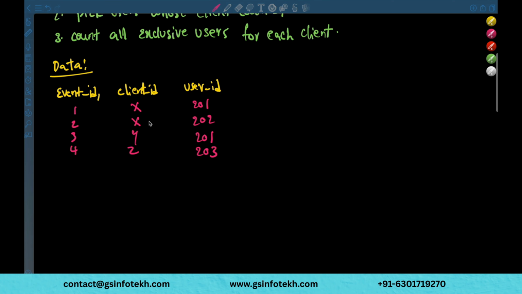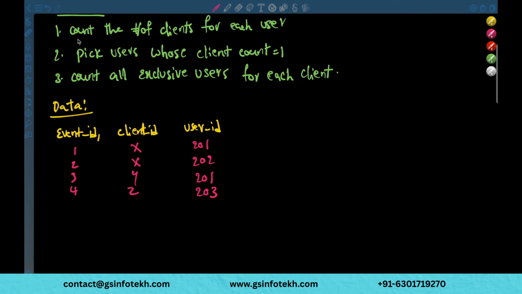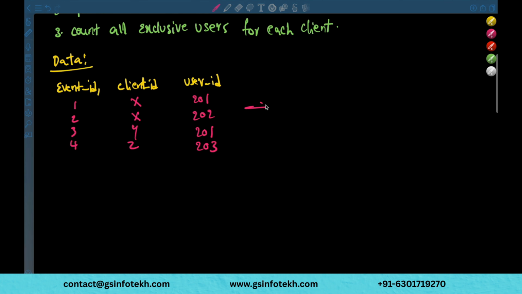Now, first of all, we need to count the number of clients for each user. In the first step, we count the number of clients for each user. Now I will have user ID, and then I will write num clients. How many users do we have?